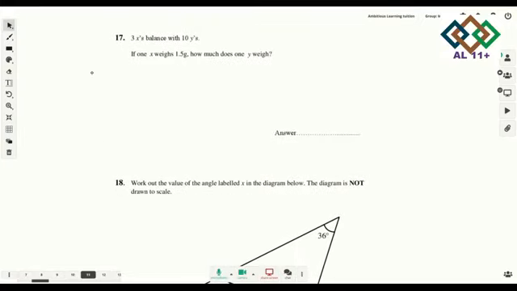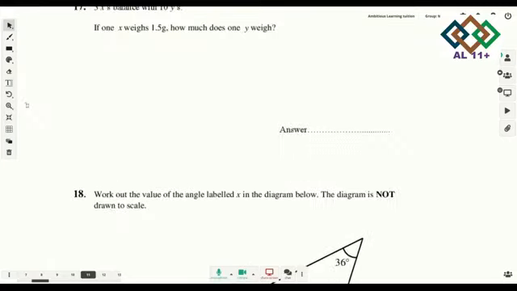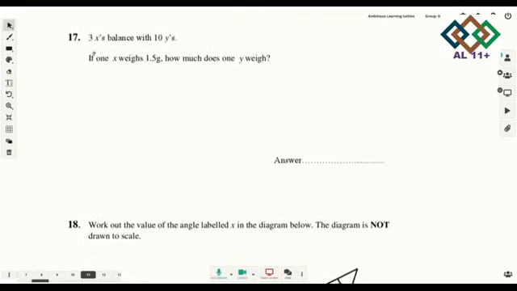3 x's balanced with 10 y's. I'll zoom in a little bit for this one. If x weighs 1.5 g, how much does y weigh? So you need to basically find what y is in this one.